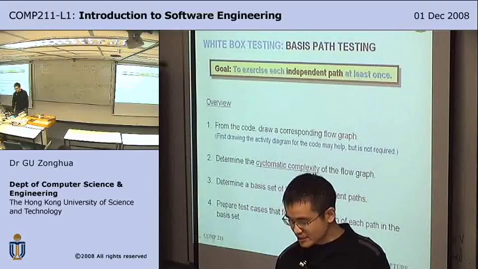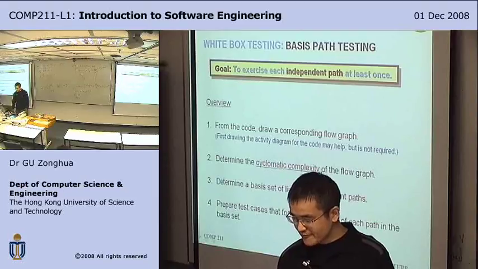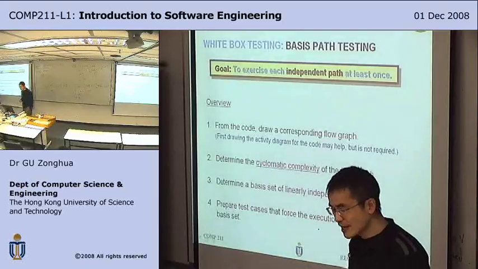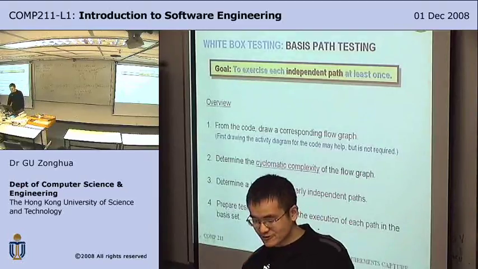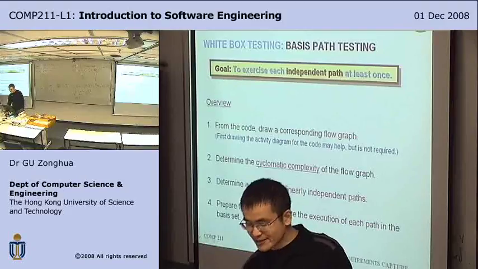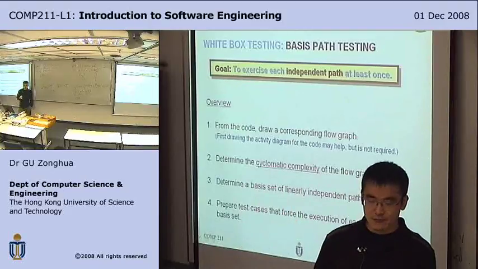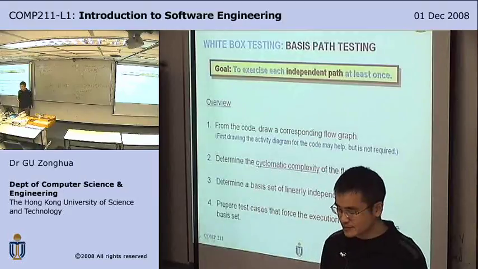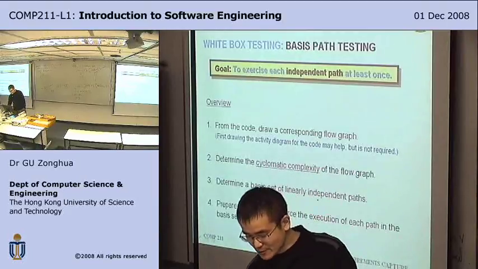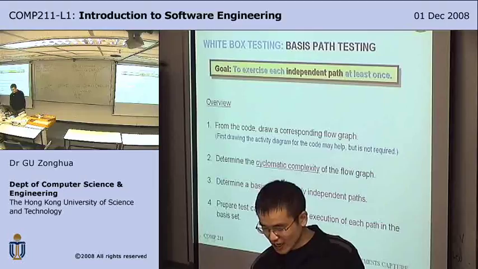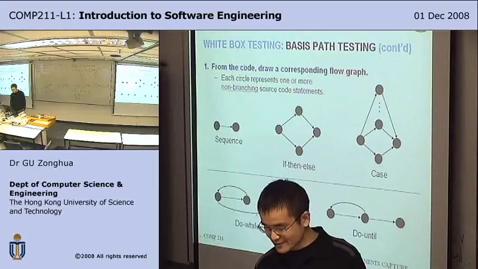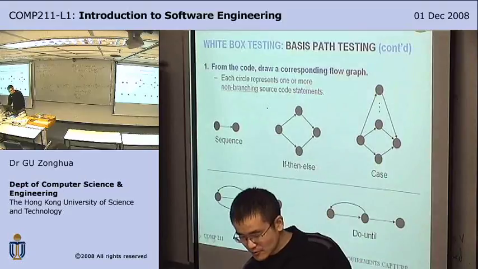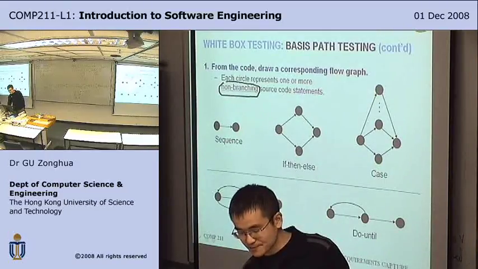So basis path testing: you draw the flow graph from the activity diagram, or you can draw the flow graph directly. Determine the cyclomatic complexity, which is the upper bound of the number of independent paths in the basis set. Then prepare test cases to force the execution of each path. In the flow graph, each circle represents one or more non-branching source code statements.